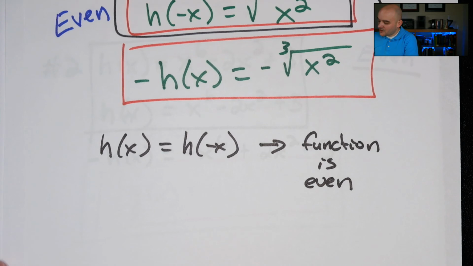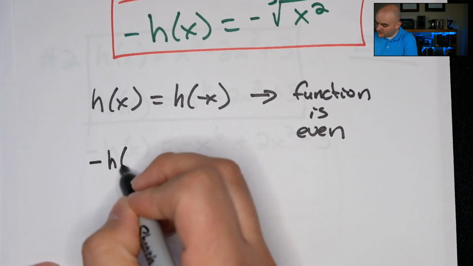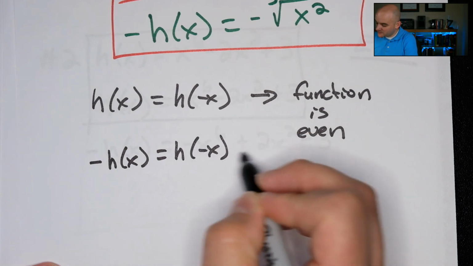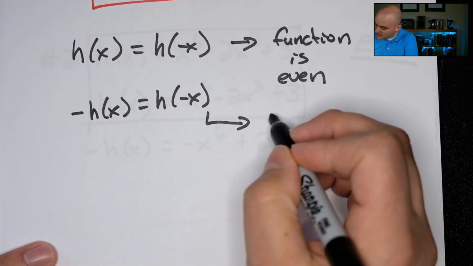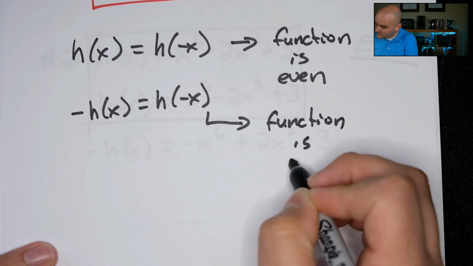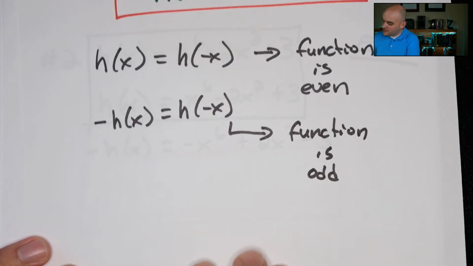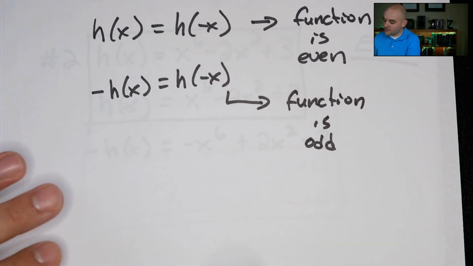All right, and then when the bottom two are the same, if the negative h of x equals the h of negative x, we can say that the function is odd. And then of course we can say that if none of them are equal, then the function is neither.